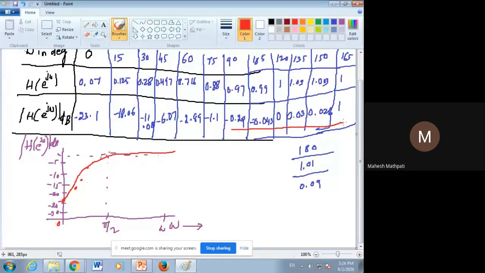So these are all approximately equal to 1. Sorry, 0. Okay? Yes or no? Yes, sir. So this is what we are calling the high pass filter. So it is the high pass filter we are having.